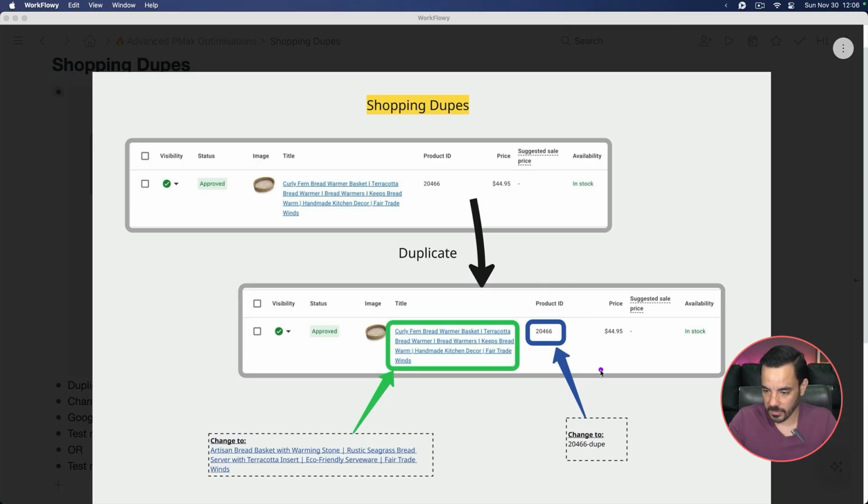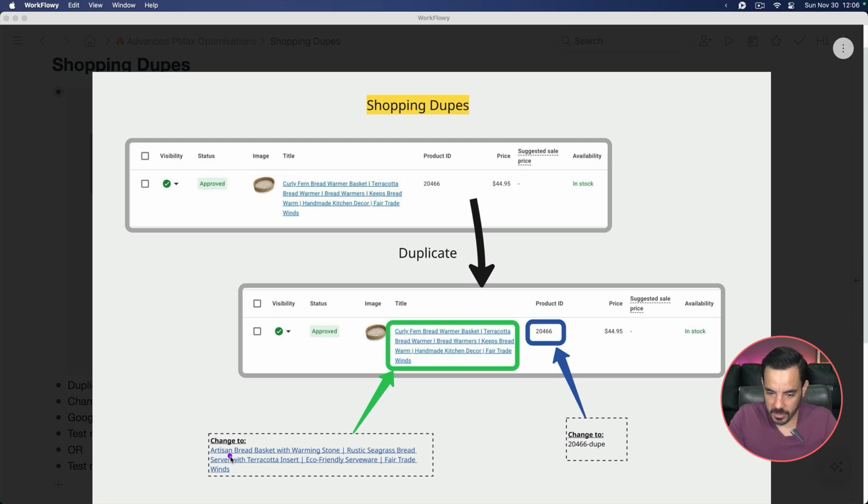Now, once you've done the changing of the item ID, you don't just leave everything the same, you change one of two things. And what we'll normally do is first start with title changes. So you can see here in this title, we were going for curly fern bread warmer basket, terracotta bread warmer.